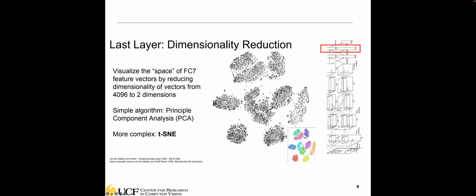So we want them very compact within the class, but between classes as separate as possible. There's another commonly used way called t-SNE visualization.